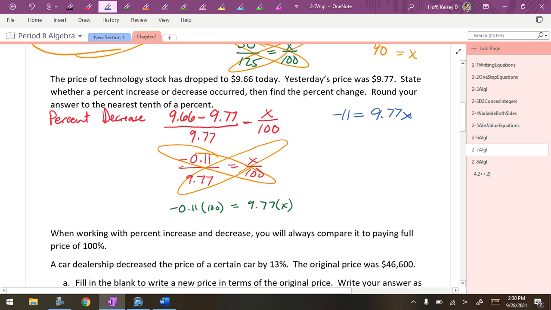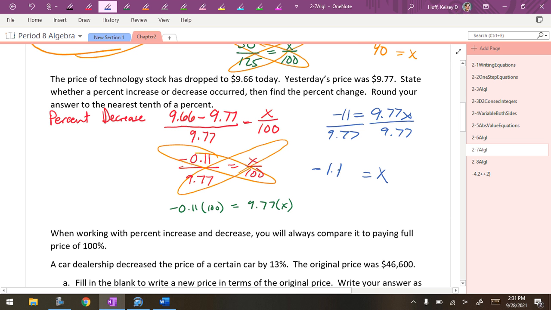Then divide by 9.77. Now remember, it says to round to the nearest tenth. Yep, negative 1.1.